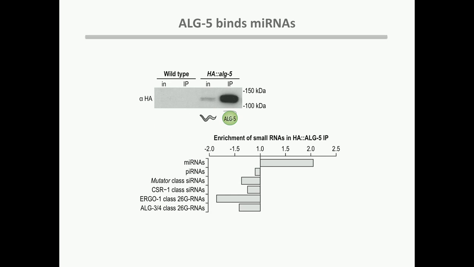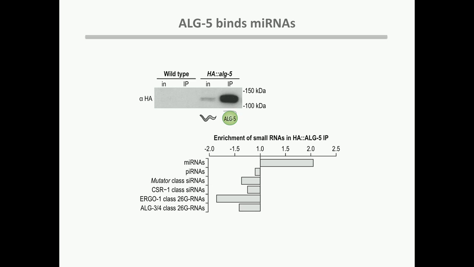So in this Western blot image, on the left-hand side, you have the ALG-5 protein in our crude cell lysate that we use for IPs, and on the right is the protein in our immunoprecipitate. So we isolate away the small RNAs from these 2 fractions, and we subject them to sequencing.